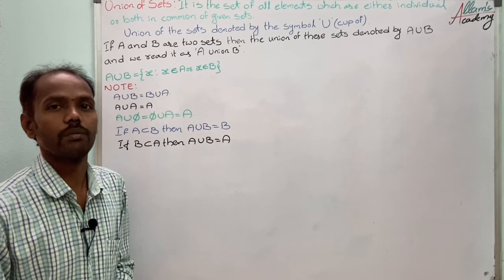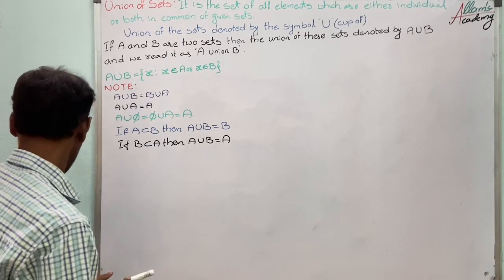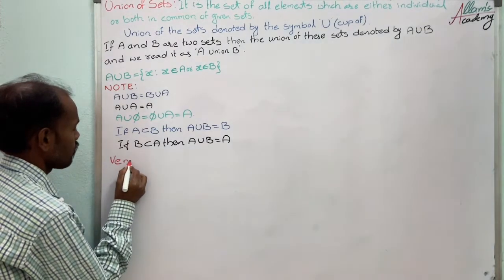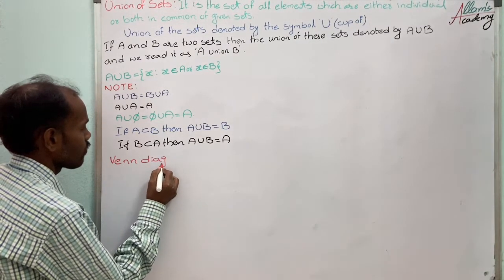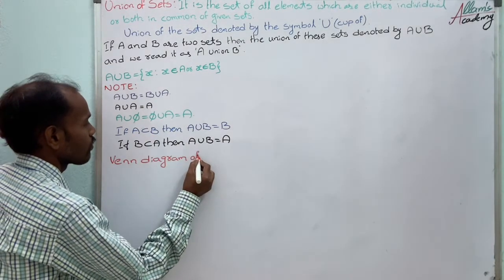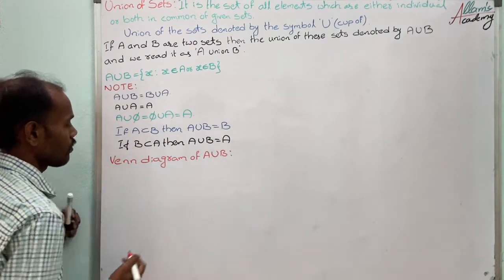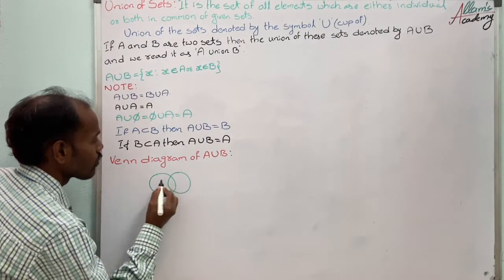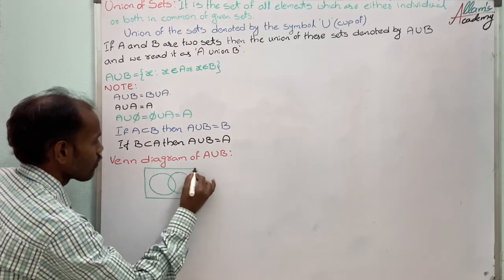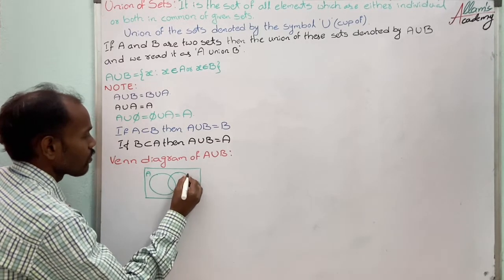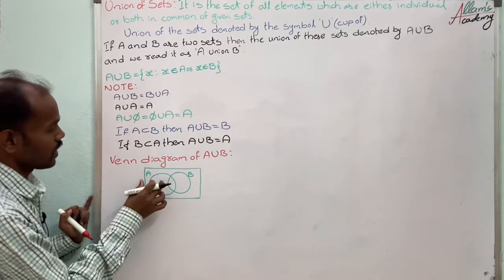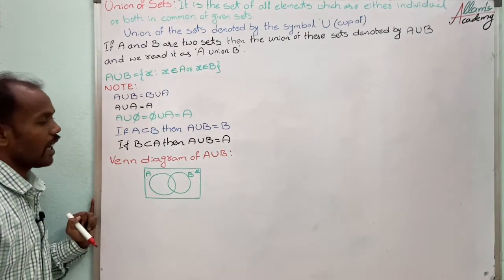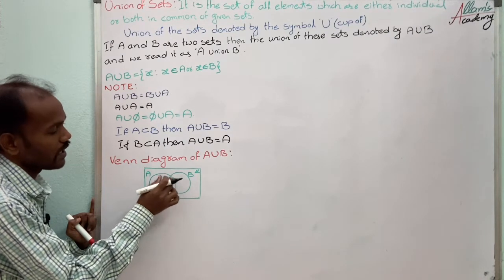The Venn diagram of A union B. Here we have the first set A, the second set B, and the universal set mu, and both circles are joined at some space.